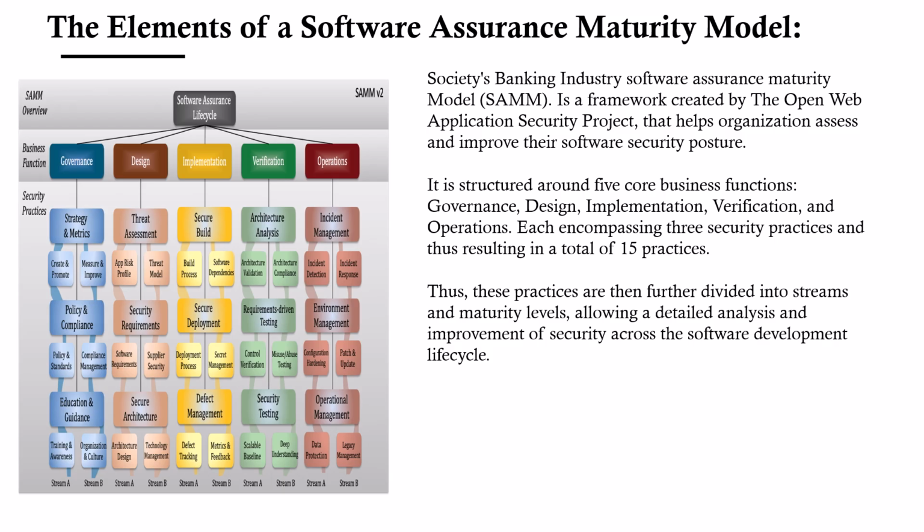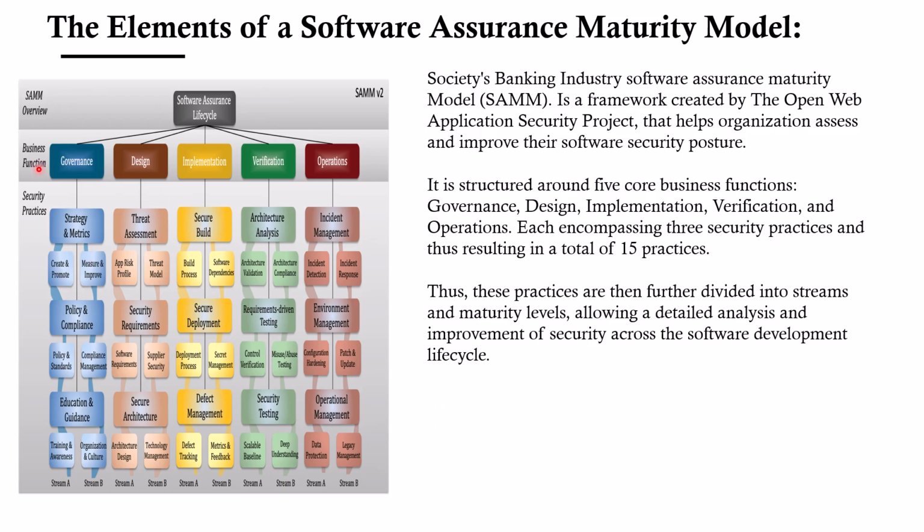Each encompasses three security practices, thus resulting in a total of 15 practices. These practices are then further divided into streams of maturity levels, allowing a detailed analysis and improvement of security across the whole software development lifecycle.